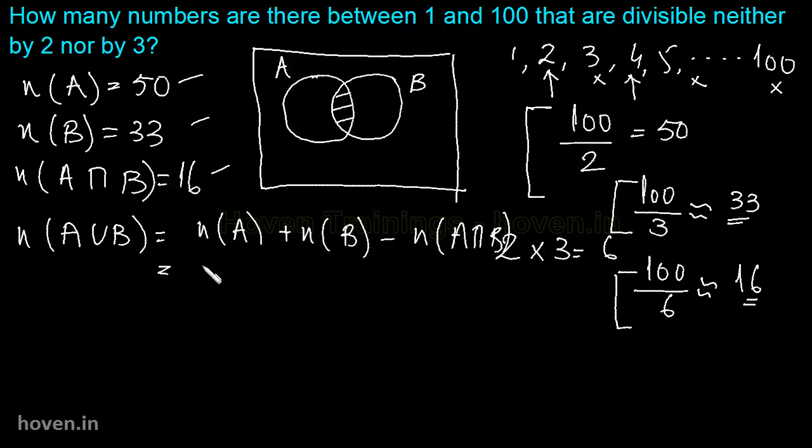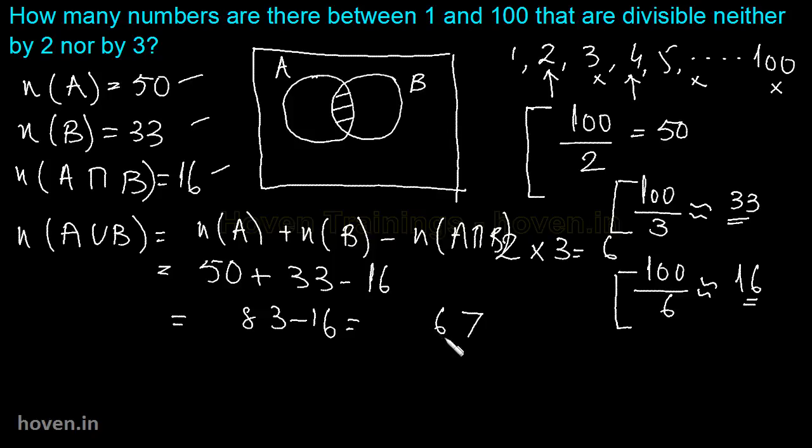So this comes out to 50, add 33 and subtract 16. So it will be 83 minus 16, and this figure will be 67. So there are 67 such numbers between 1 and 100 which are divisible by 2 or by 3.